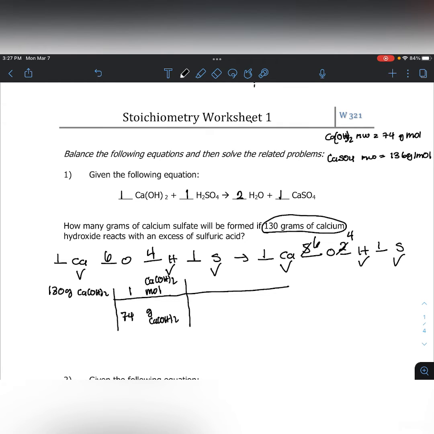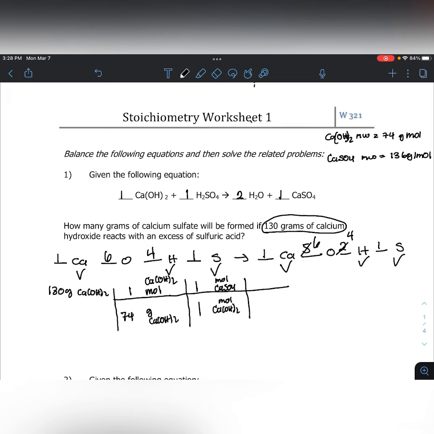So we'll write calcium hydroxide over here, and then this will be moles, and then we need to write moles of, in this case, calcium sulfate. Looking at the equation, there's a 1-to-1 ratio, so I'll put 1-to-1 right here. And the last bit: now we have transferred everything into moles of calcium sulfate.